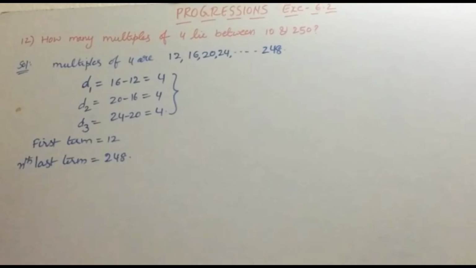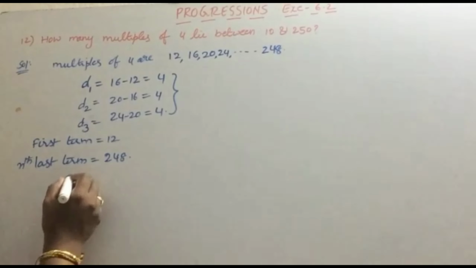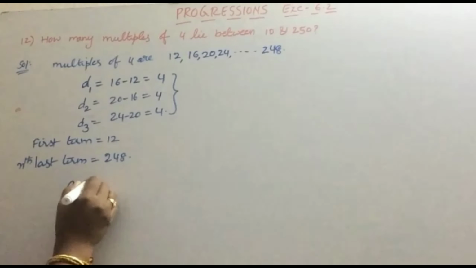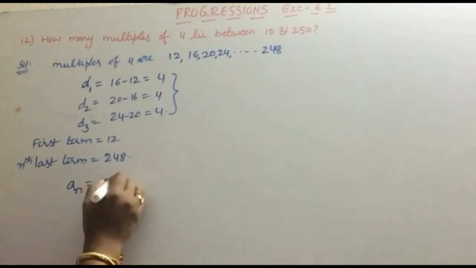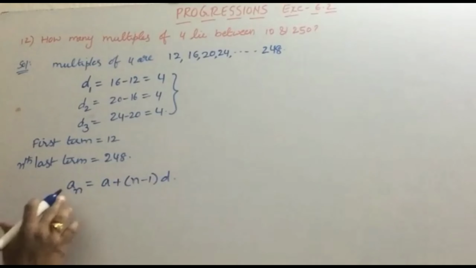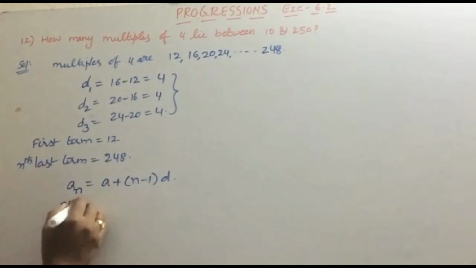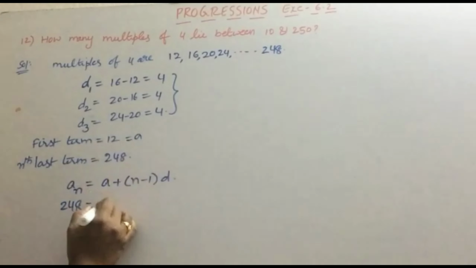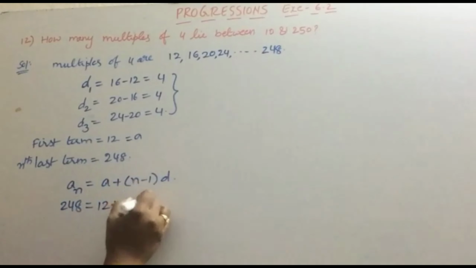Now we will find the number of terms. So an is equal to a plus n minus 1 into d. Here an is 248, the first term a is 12, and the difference is 4. We will find the value of n.